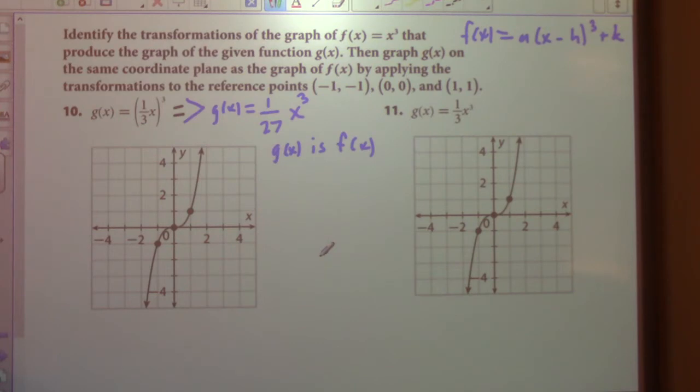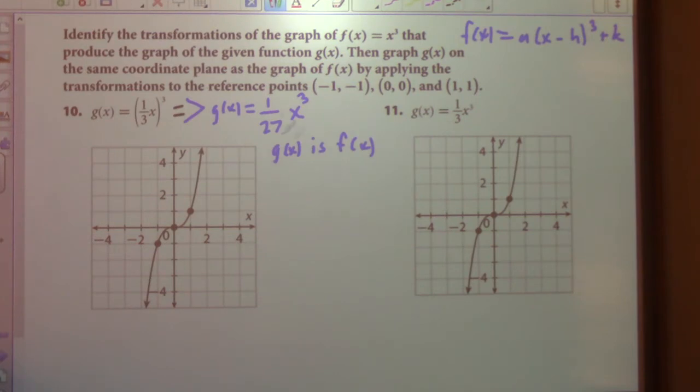Okay, we have Lillian for this one. So g of x is f of x. What is g of x compared to f of x? What do you do to f of x to get g of x?